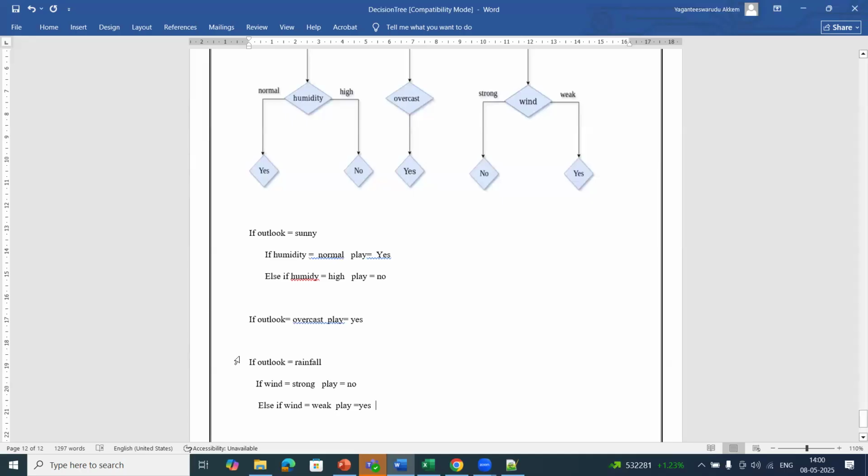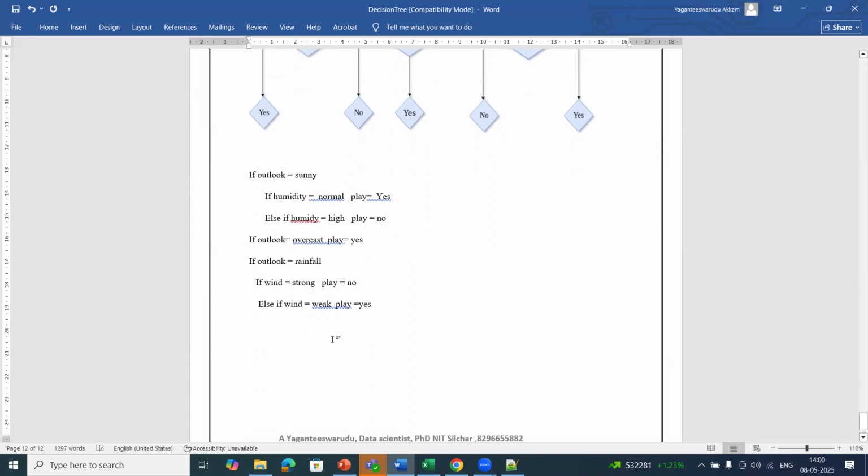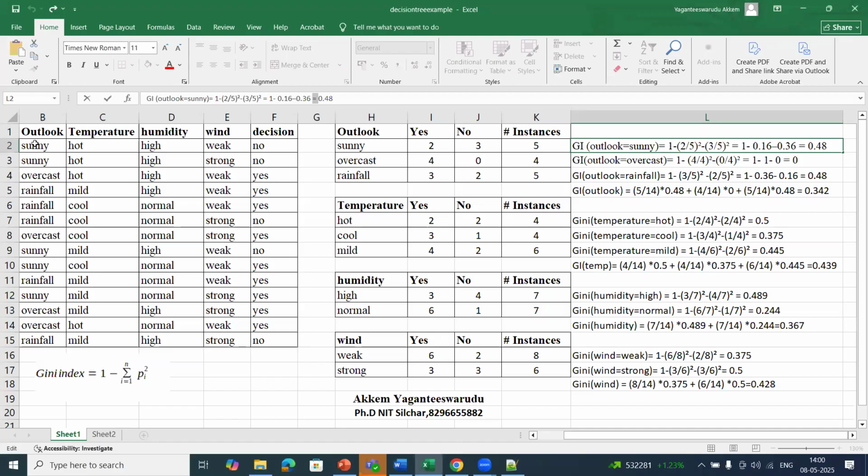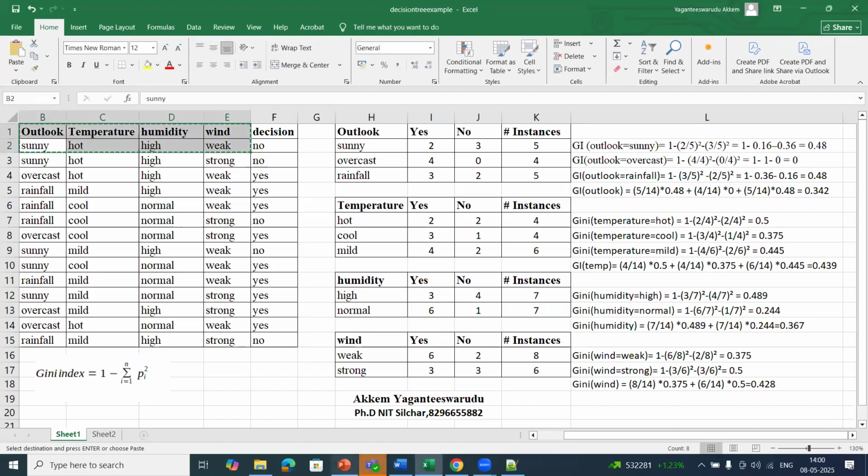So these are the simple if statements. If I get a new record, once your decision tree is constructed, it will choose these if else statements. Instead of a new record, I will just take these inputs.